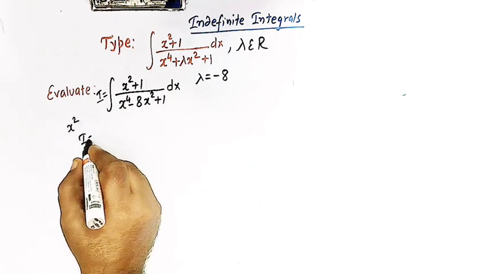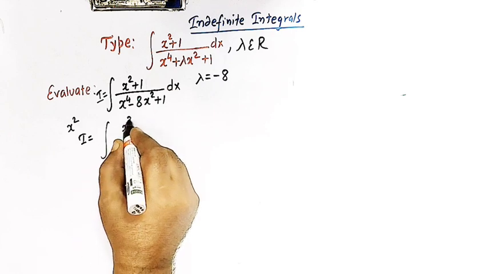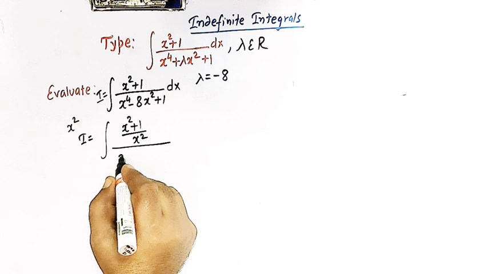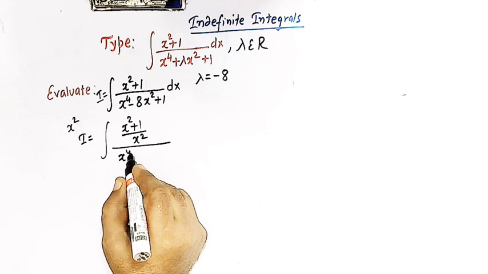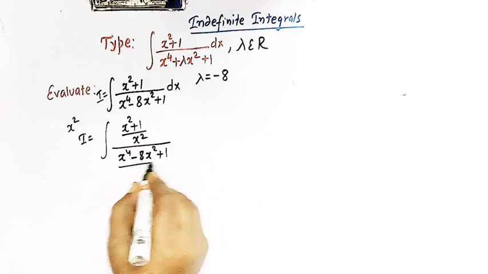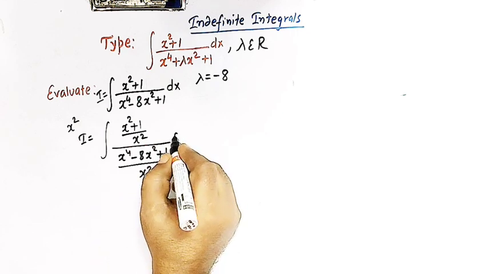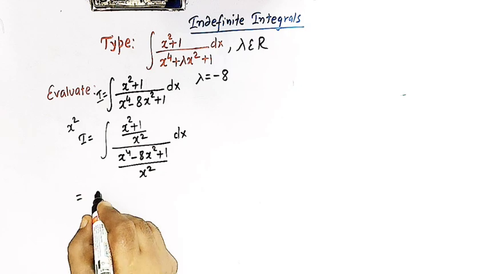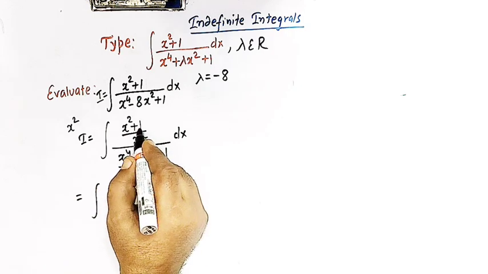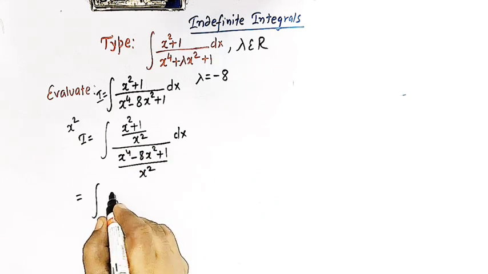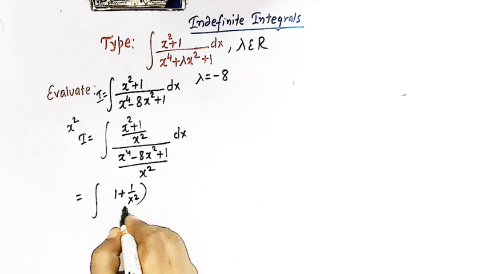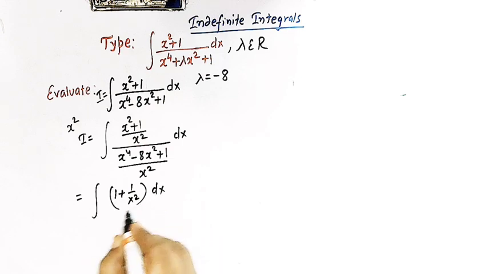So we have I is equal to x square plus 1 divided by x square, and here we have x raised to 4 minus 8x square plus 1 divided by x square, and here we have dx. So now this term, that is x square plus 1 over x square, can be written as 1 plus 1 over x square, and here we have dx.